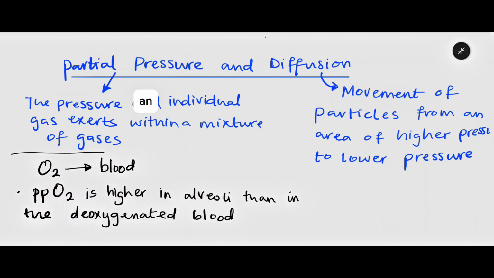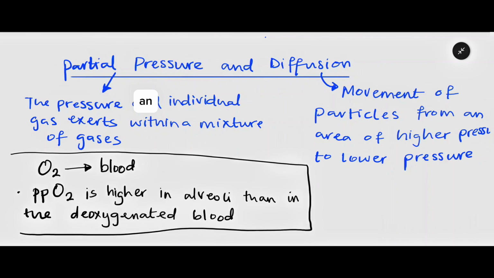And because of this, because that partial pressure is higher in the alveoli than in the deoxygenated blood, then oxygen diffuses into the blood.